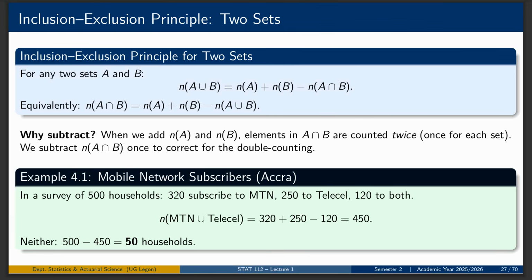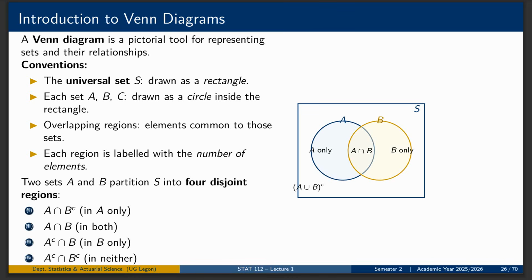So from this we do the inclusion-exclusion principle. If we want A union B, we are going to count those in A only, A intersection B, and then B only. If we are doing A and then B, it means we are going to count A intersection B twice, so you need to subtract one from it.